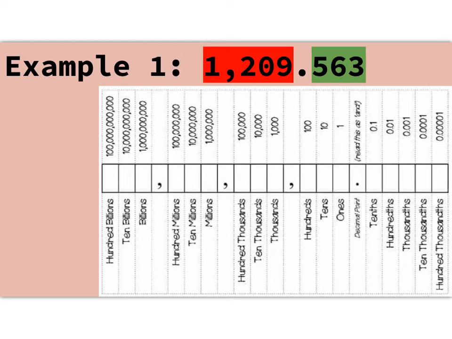Our chart is to help us with place value. So writing the number 1,209 and, meaning decimal point, 563 thousandths, because the 3 is in the thousandths place. So on the next page, we'll put it in expanded form.